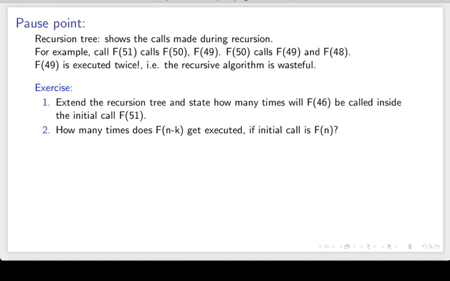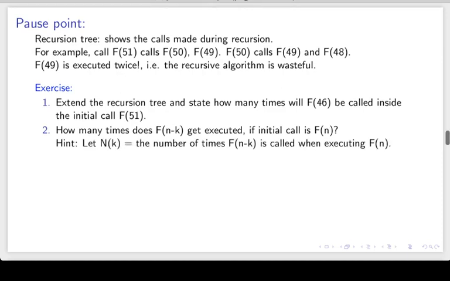Let me just suggest how the general proof might look. Define n of k as the number of times f of n minus k is called when executing f of n. Then you can ask how many times f of n minus k will get called when executing f of n minus 1, which is clearly the first thing you do over here.